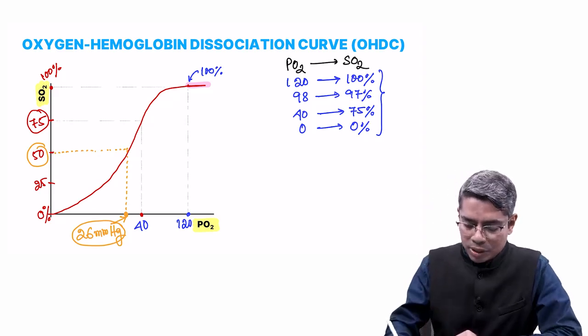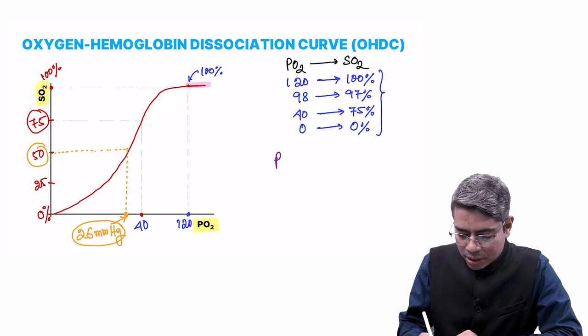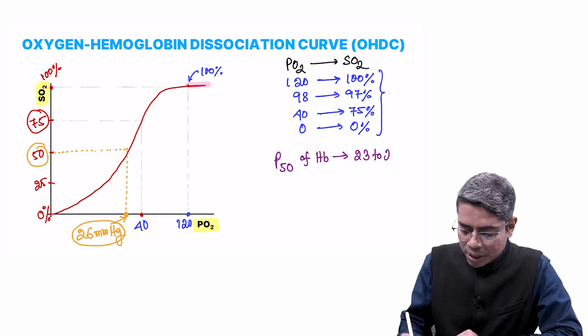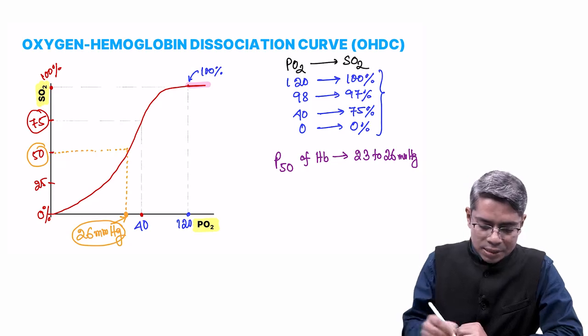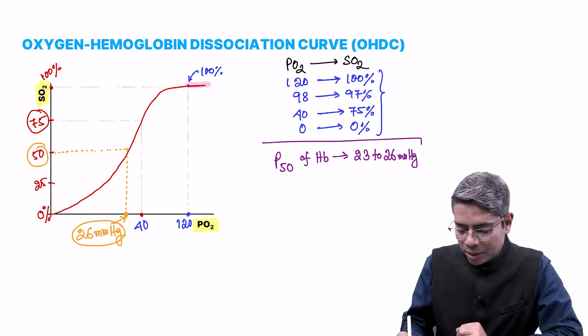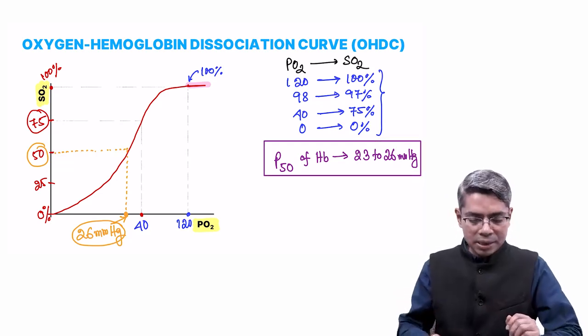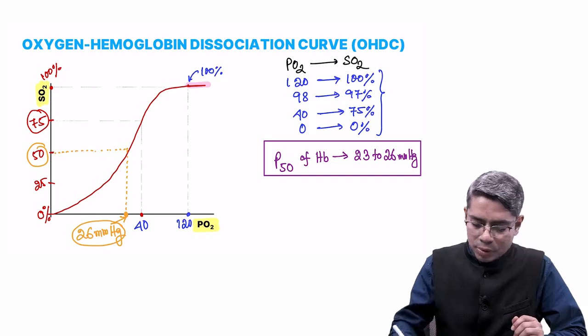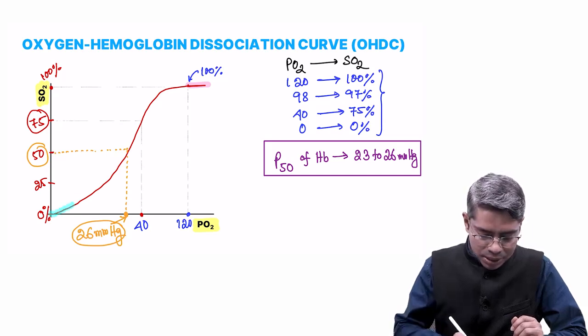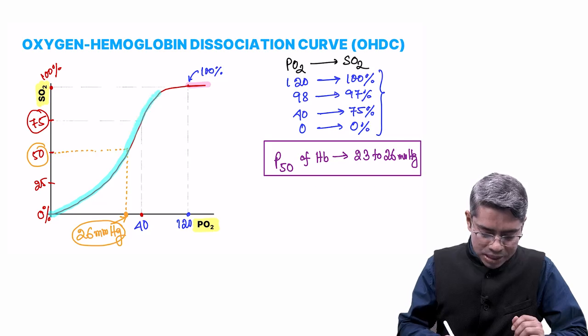This important information you have to remember. This is known as P50 of hemoglobin. P50 of hemoglobin generally ranges from 23 to 26 millimeter of mercury. So here I have written 26 millimeter of mercury, but it has a normal range of 23 to 26 millimeter of mercury.